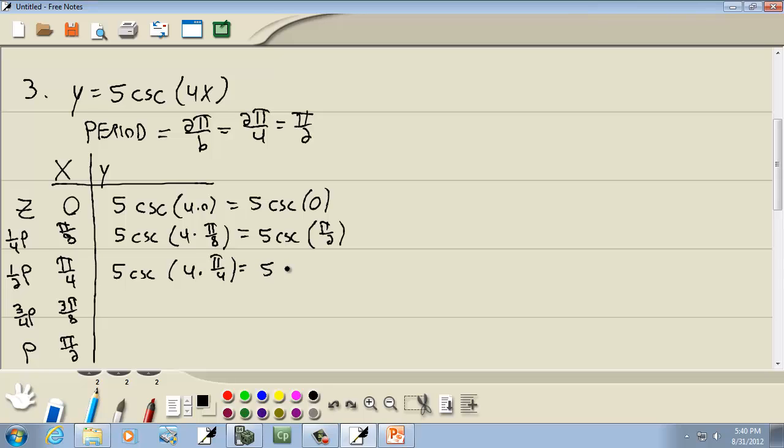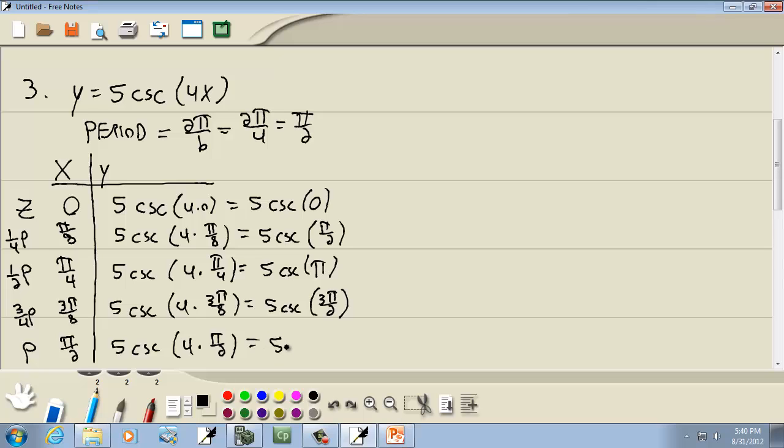The 4's cancel, and we got 5 cosecant of pi. And we got 5 cosecant of 4 times 3 pi over 8, which gives us 5 cosecant of 3 pi over 2. And then down here, we got 5 cosecant of 4 times pi over 2, which gives us 5 cosecant of 2 pi.